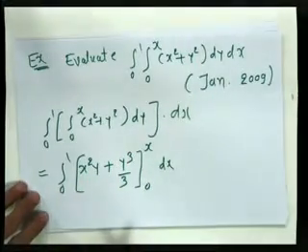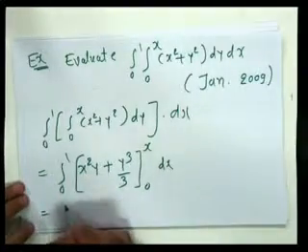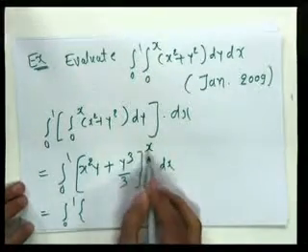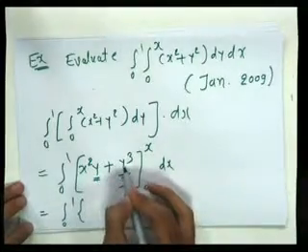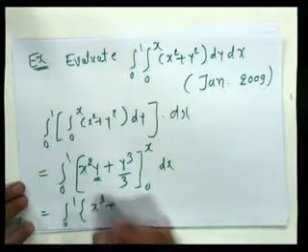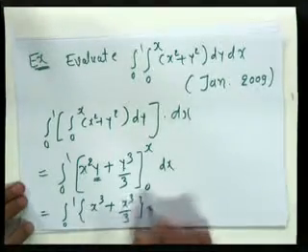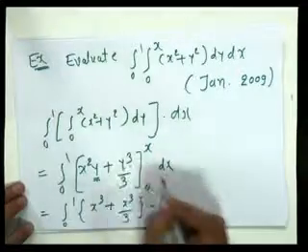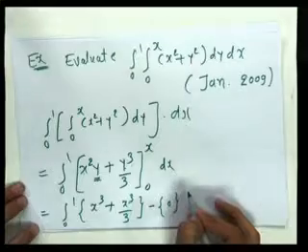Okay, so if we put the limit here, first we will put the upper limit, then here we will put x, then here x. So x square into x is equal to x cube plus here x cube by 3 minus, when we put the lower limit y is equal to 0, then both these terms are equal to 0, so here I will put 0.